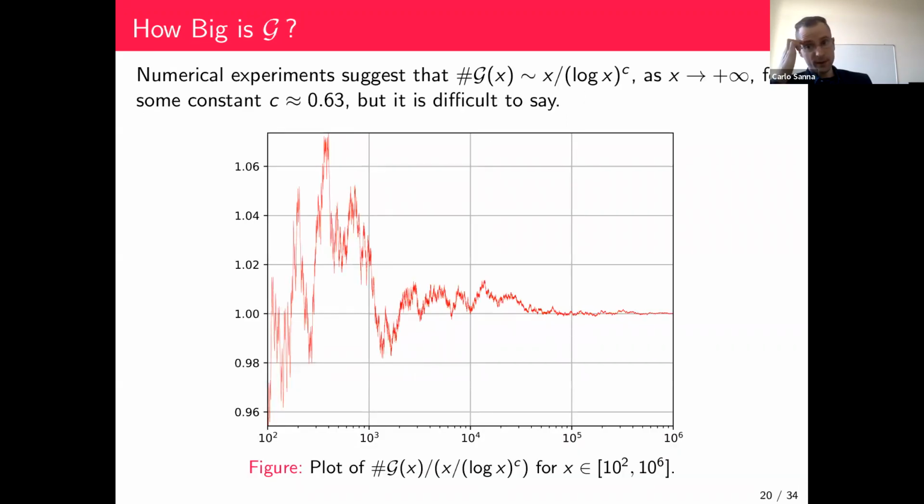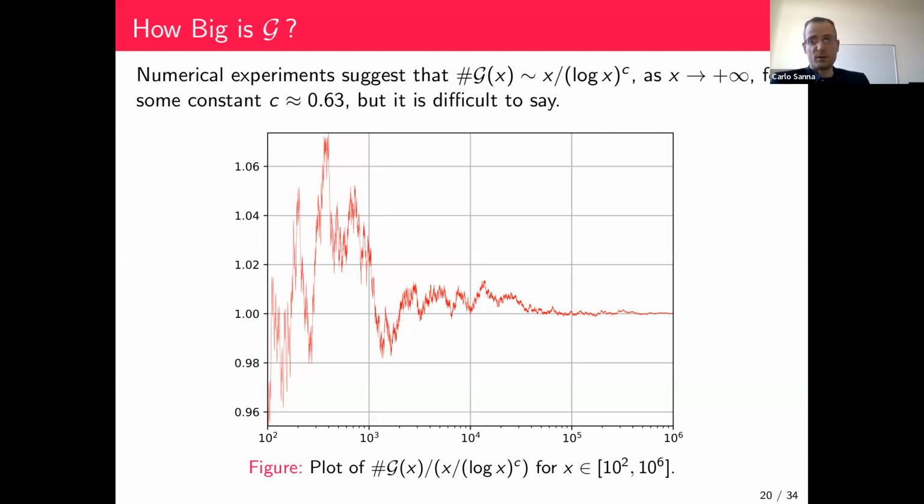All right, so for us, the question was how big is this set G? Doing some numerical experiments, it seems that the counting function of G is asymptotic to x over log x to the c, where c is a constant about 0.6.